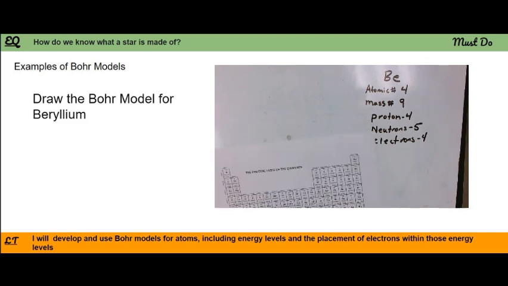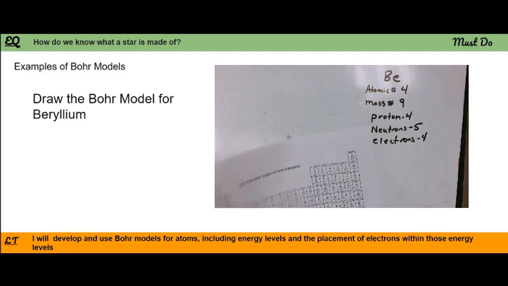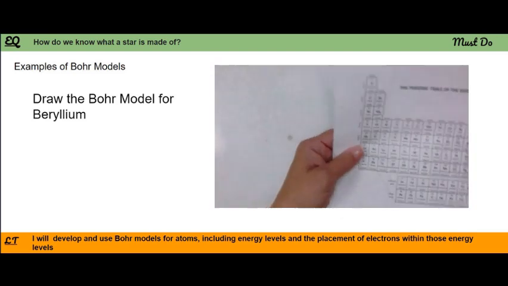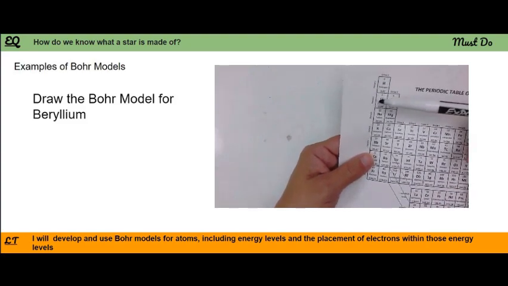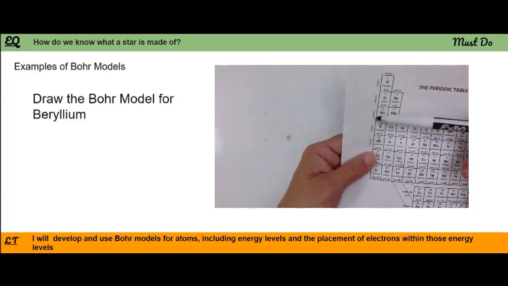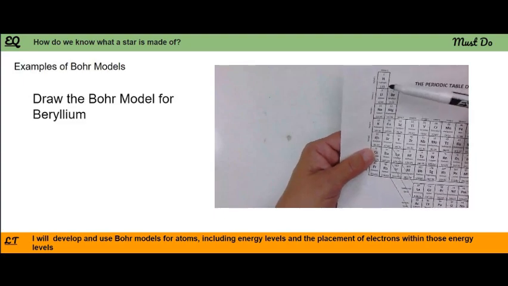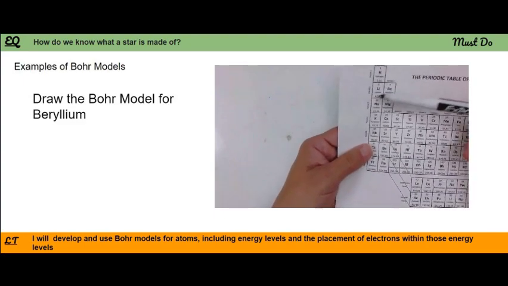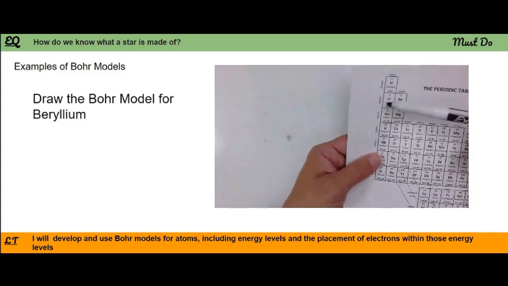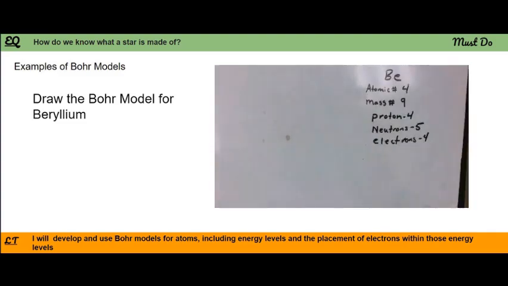Another thing I can do with the periodic table is look at what row beryllium is in. This is row 1, this is row 2, then row 3, row 4. The number of the row is the number of energy levels.